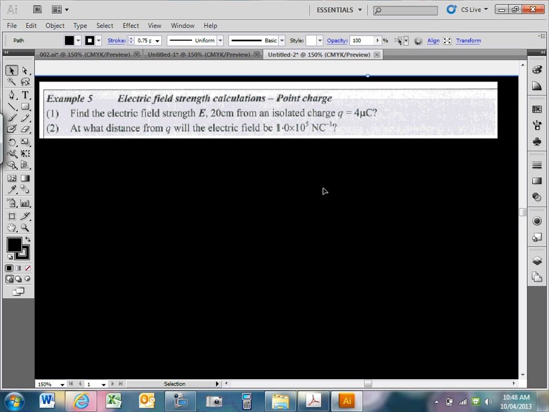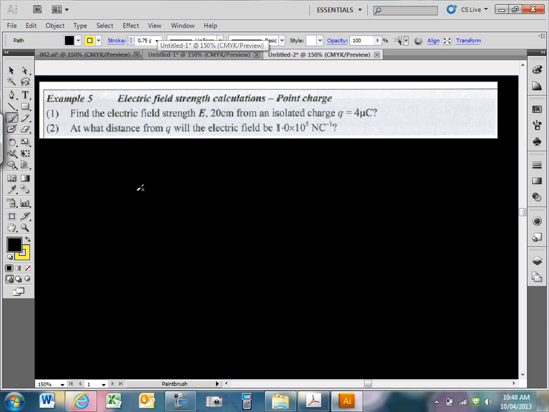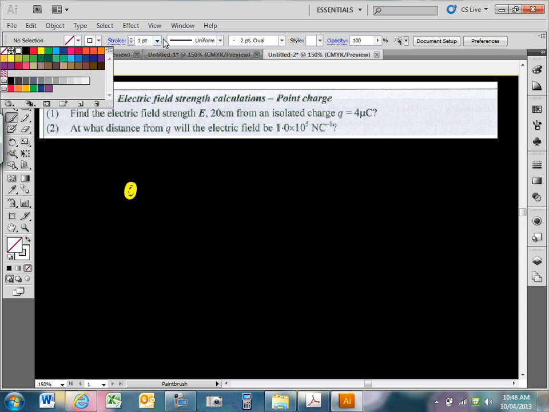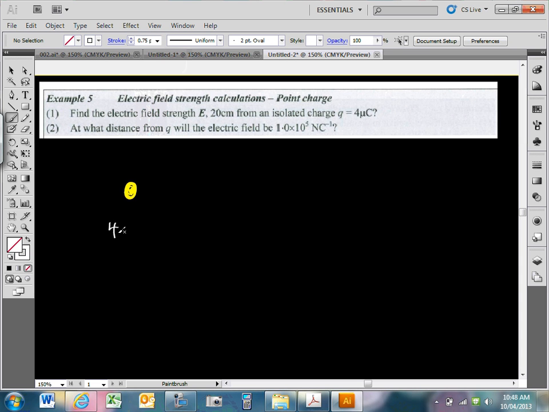Electric field strength calculations, point charge. Find the electric field strength E, 20 centimeters from an isolated charge Q equals 4 microcoulombs. Let's picture it first. Q, 4 microcoulombs, 20 centimeters from it.